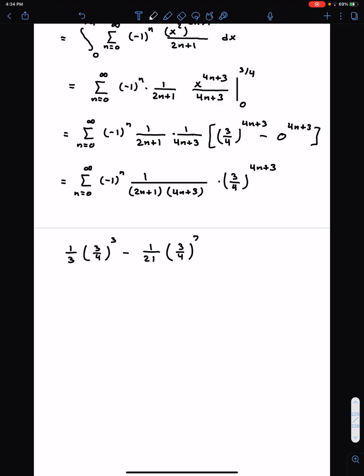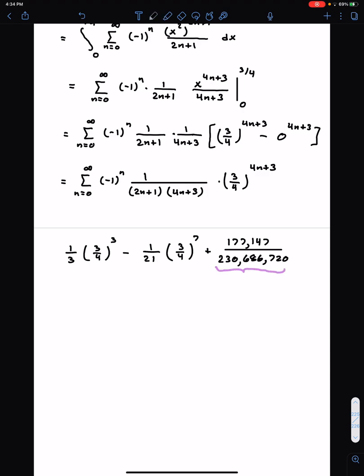When n is 2, I have plus 177,147 divided by 230,686,720.